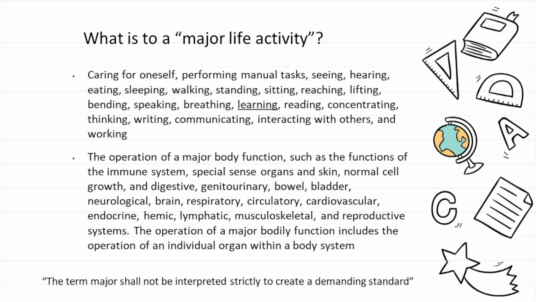Now, the operation of a major body function, such as functions of the immune system, special sense organs, digestion, breathing, circulation, musculoskeletal systems. Again, these all constitute major life activities.